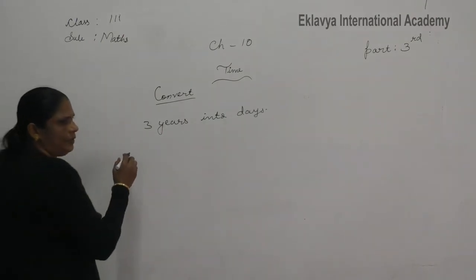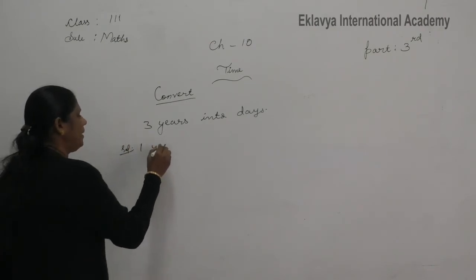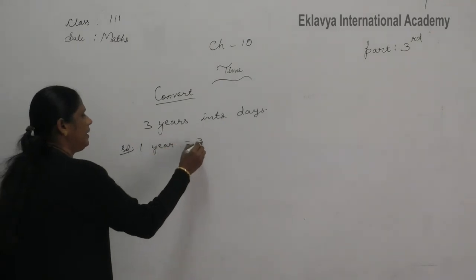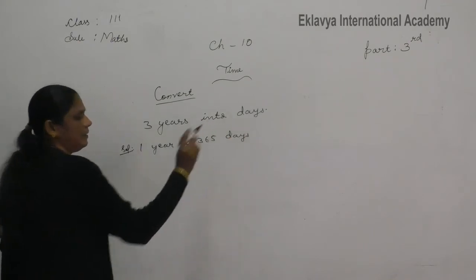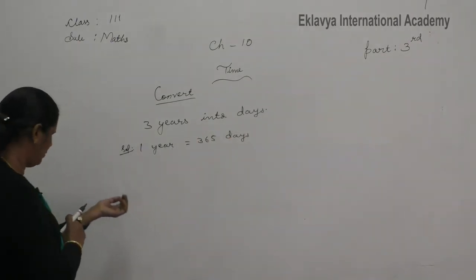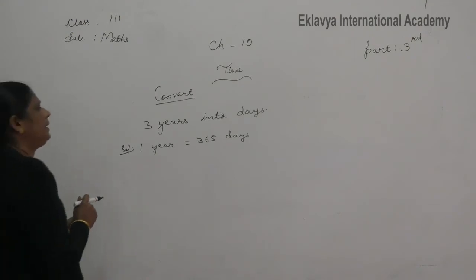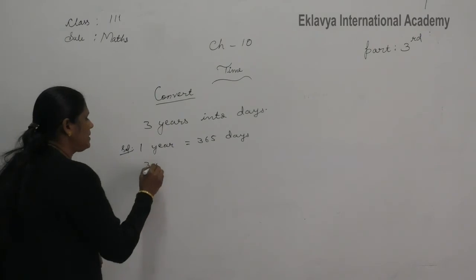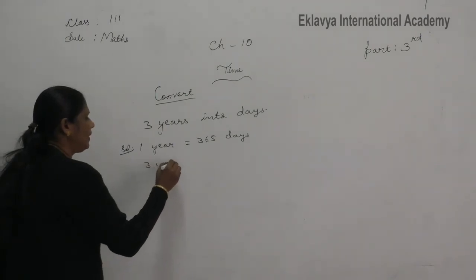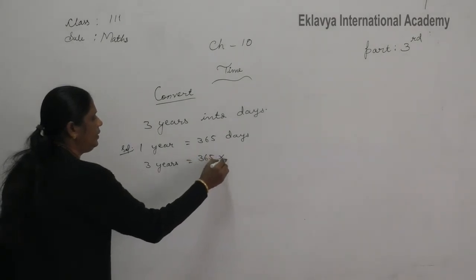Then you write the solution: 1 year is equal to 365 days. Then we have 3 years is equal to 365 into 3.